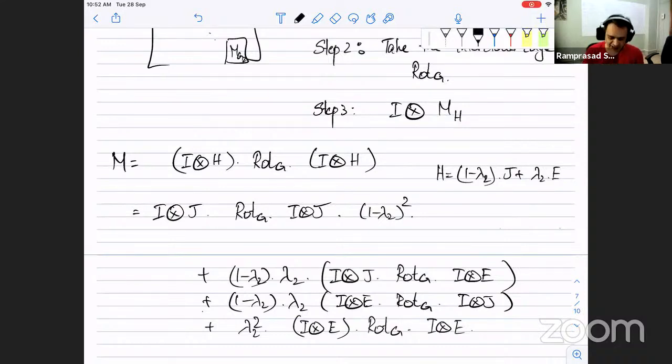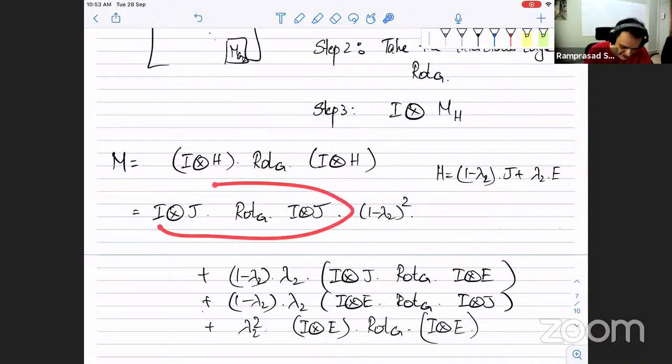Mentally tell yourself, anytime you see an E, it's an error term. We are going to just ignore that. We'll just bound that using a stupid bound, and that will be good enough for our purposes. The key point is what happens here. What is this matrix?